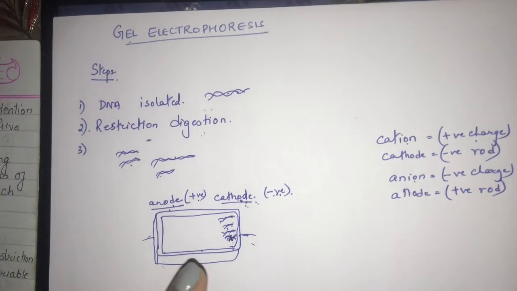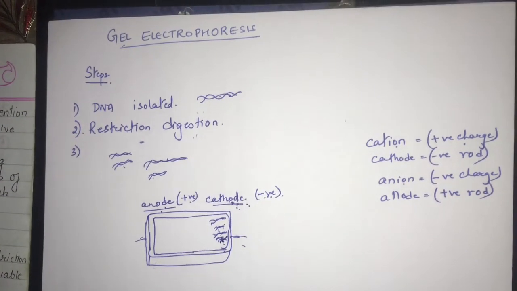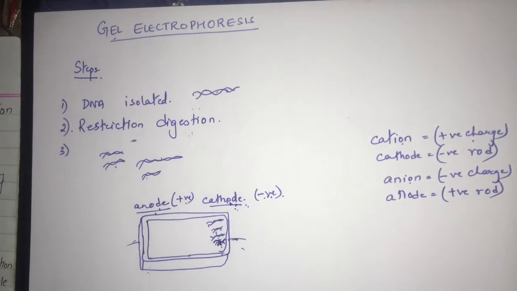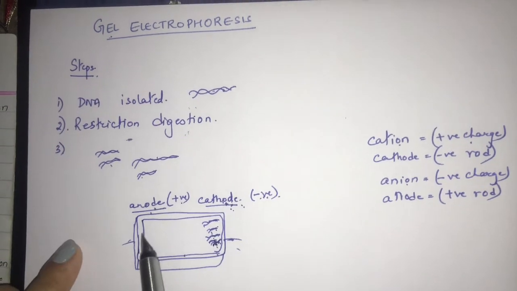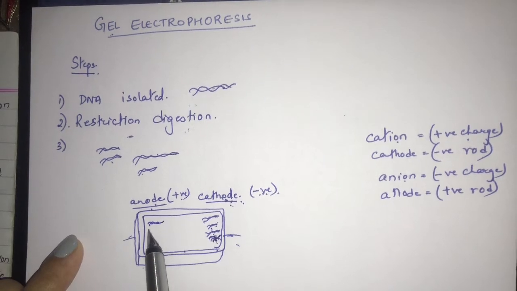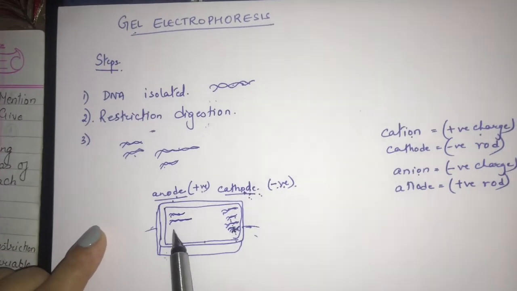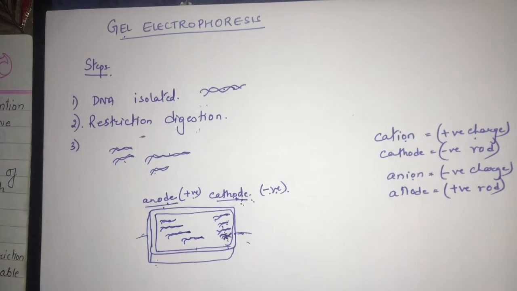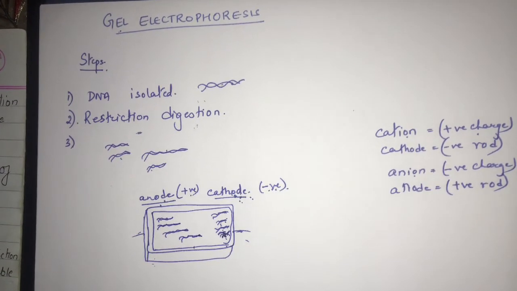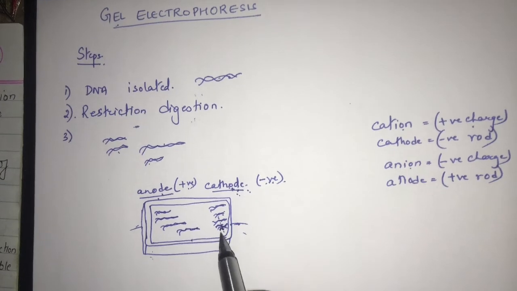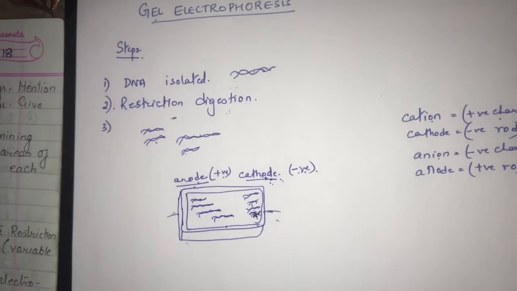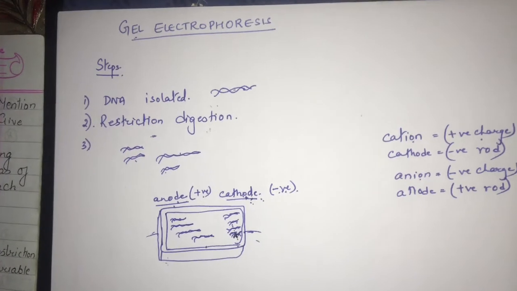A smaller molecule moves faster, travelling a longer distance through the gel than the larger fragments. So at first the smaller molecules will be there and then the large molecules. The large fragments will take more time, whereas the smaller fragments will take shorter time because they move faster.